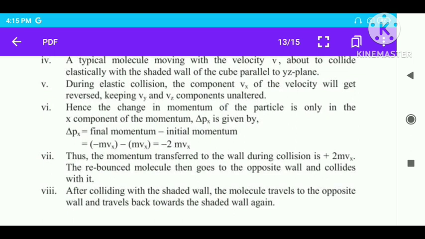Delta px is given by final momentum minus initial momentum, which is equal to minus mvx minus mvx, equal to minus 2mvx.